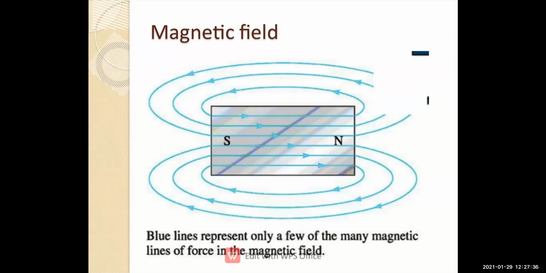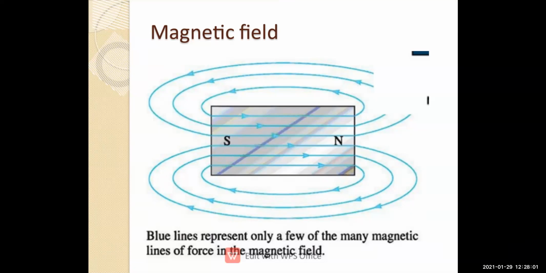Now here you can see how magnetic fields are produced around the bar magnet. This blue line, what does it represent? It represents magnetic lines of force. Can you see the magnetic lines of force? No, we can't.